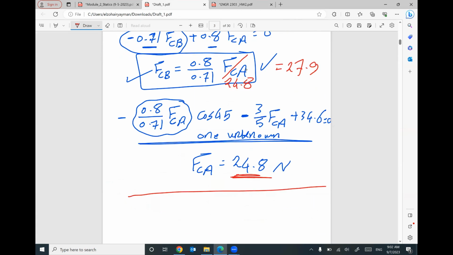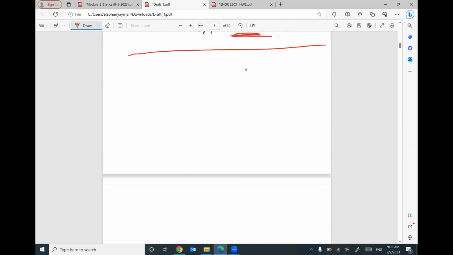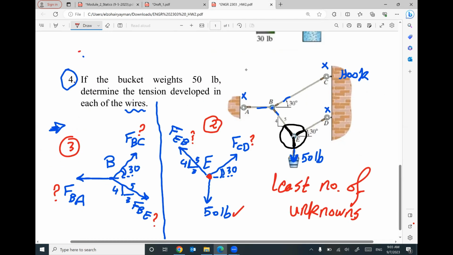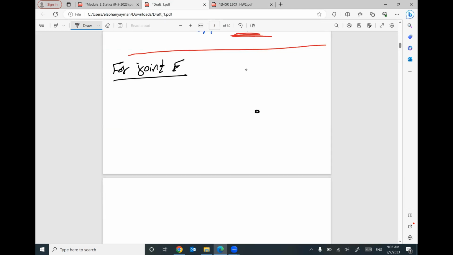So in my calculation sheet, I will write here for joint or point E. I will start to draw point E one more time. I have vertical weight, 50 pounds. I have a force in this direction and another force in this direction.